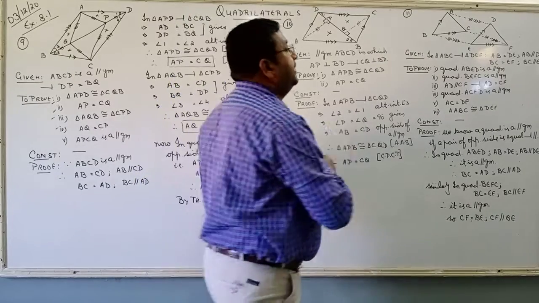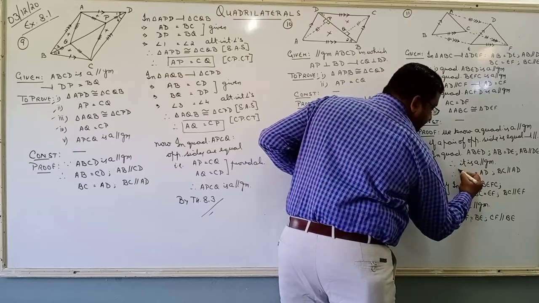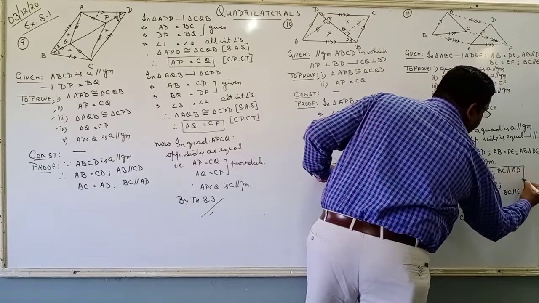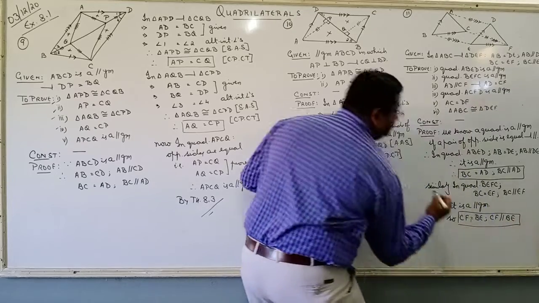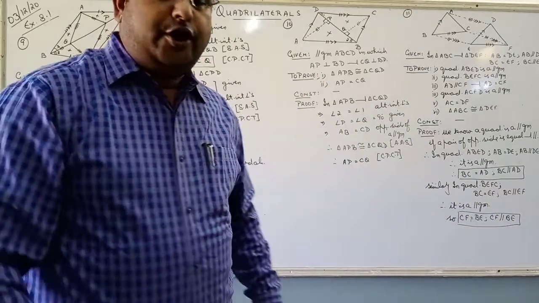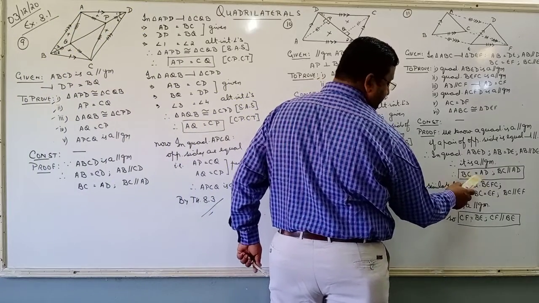Check, observe. AD was equal to BE. Look at it. This and this. Just observe carefully. Do you find that BC is common?